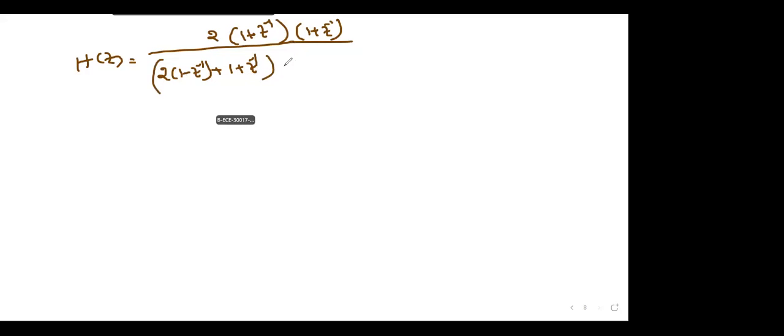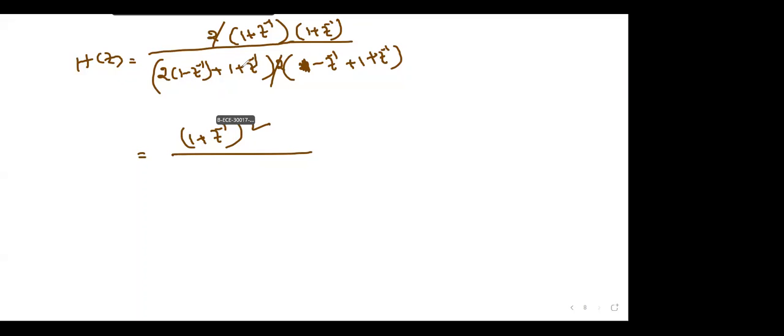The second term is 2 into, so 2 we can take common from here, 2 out, (1 minus z inverse) plus (1 plus z inverse). So here 2 cancels. This will give you (1 plus z inverse) whole square divided by, here 2 minus 2 z inverse, here 2 plus z inverse.